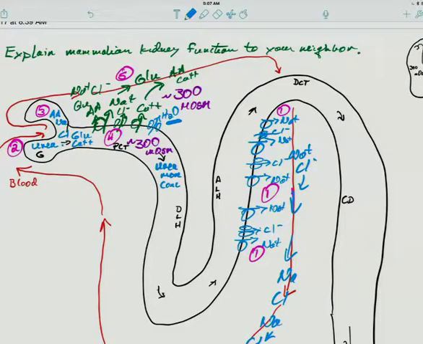So the blood is coming down, and we're adding to it sodium and chloride. Okay? So actively pumping out sodium, chloride will follow passively because of the charge difference, attracted to the positive ions. And the blood keeps carrying it down deep into the medulla. So we're getting more and more concentrated as we go down deep into the medulla.